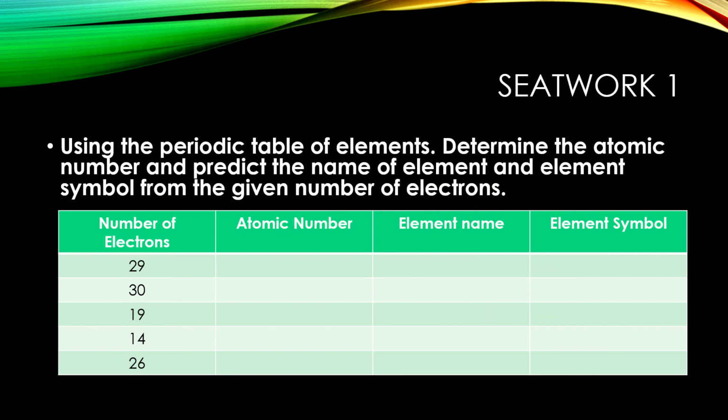So I have here seat work number 1 or activity number 1. All you need to do is to determine the atomic number and predict the name of an element. Same with my examples a while ago. So, please attach this one in your Google Classroom later.